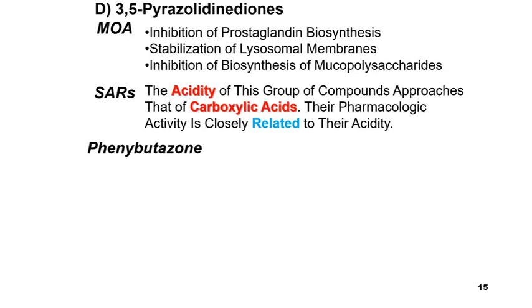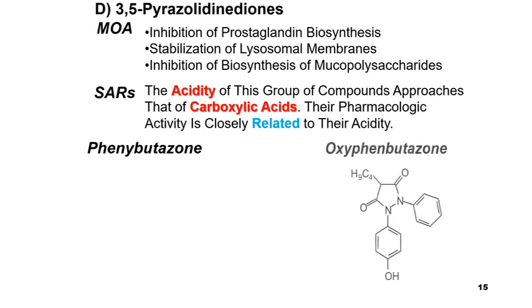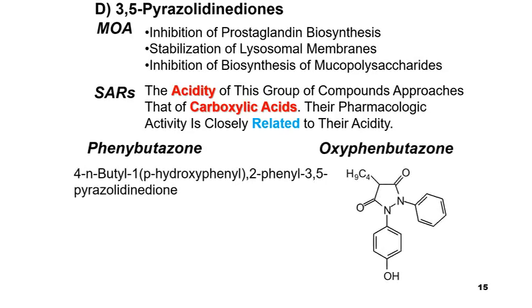Let's remember what is the definition of an acid. An acid is a compound that is able to lose a proton, leaving a stable anion. This class of pyrazolidine diones, as we can see in phenylbutazone and oxyphenbutazone, they do not contain a negative carboxylate anion.